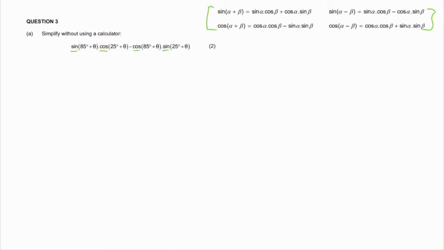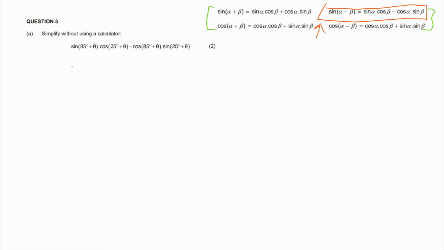So we need to see which one it matches. We have sine times cos, and then cos times sine, so it matches this one. You'll see there are no 90-degree reductions you can do, so you needed to see that it matched this one over here.